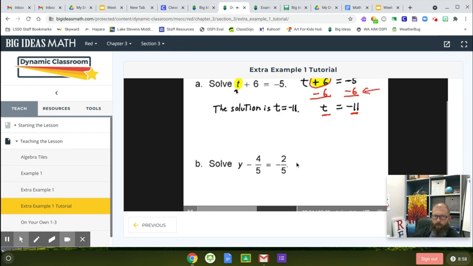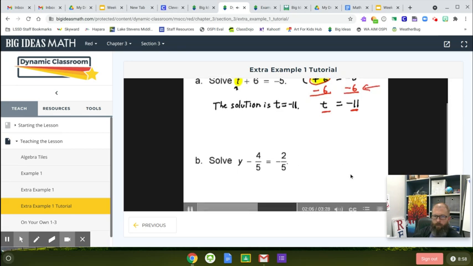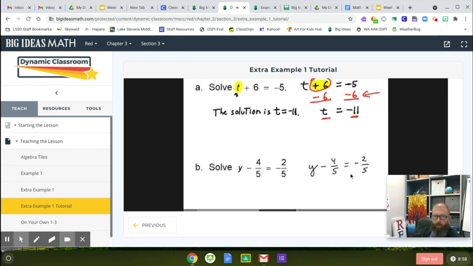Part B, solve the equation y minus 4/5 equals negative 2/5. What should we do here? Find the operation that undoes subtracting 4/5. The inverse operation that undoes this is adding 4/5. We should do this to each side because the addition property of equality tells us it will give us an equivalent equation.